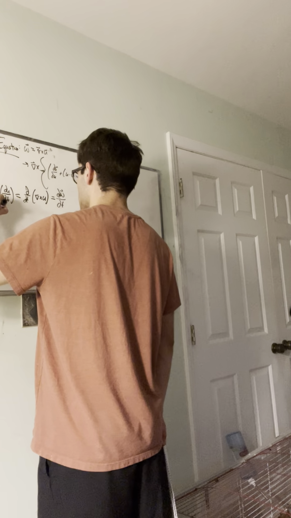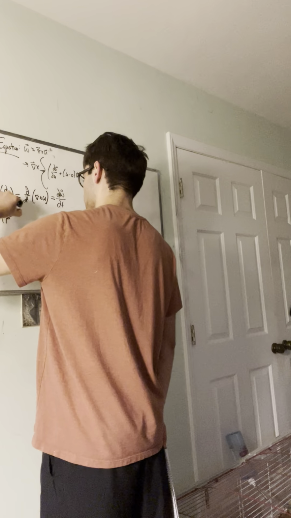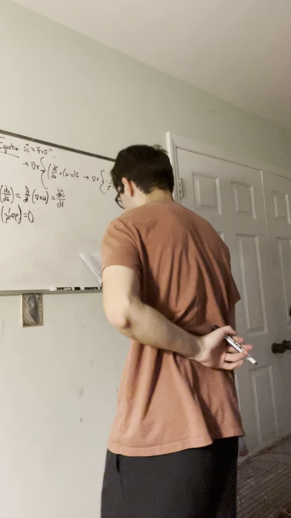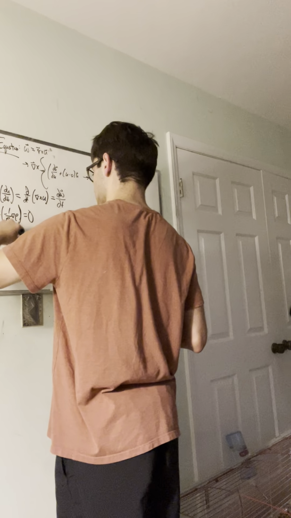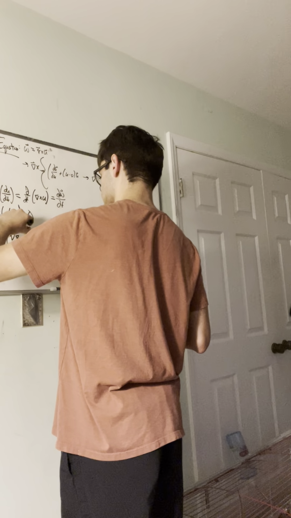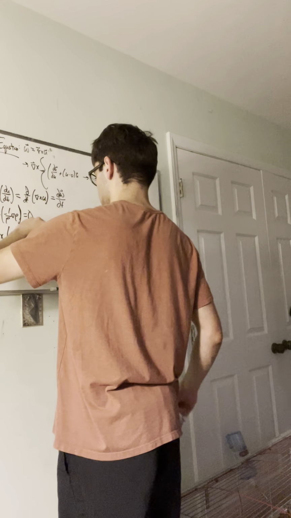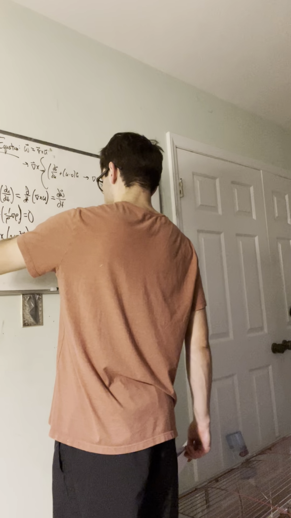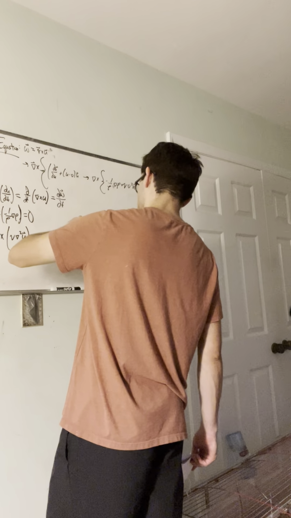If we do negative 1 over rho, this turns out to be 0. But if we do del, this turns into nu Laplacian omega.